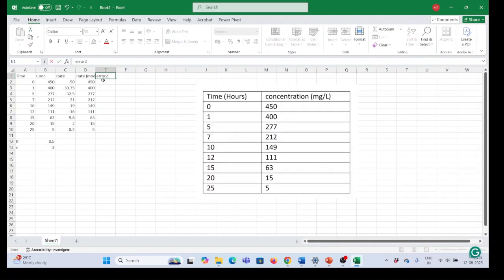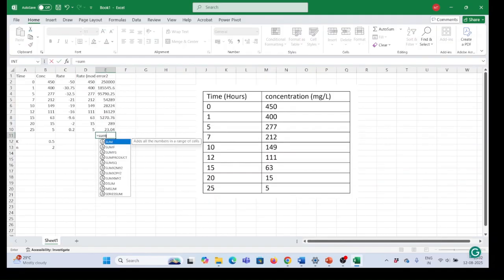Square of error, let's directly calculate, is equal to this minus this raised to power 2. Now we will get the sum.